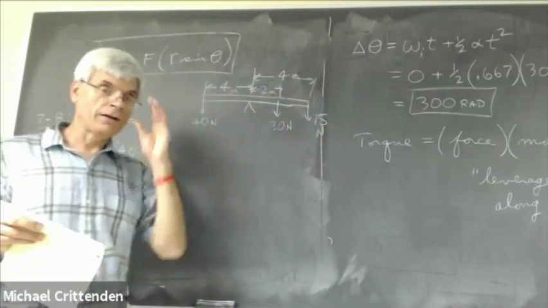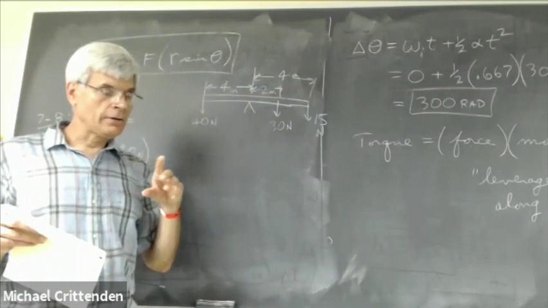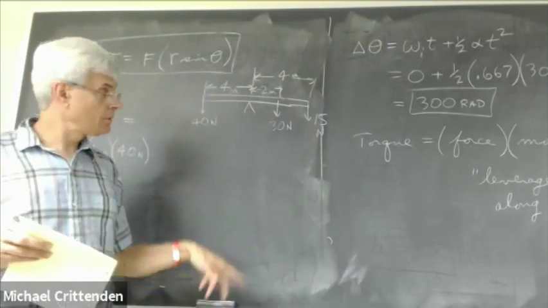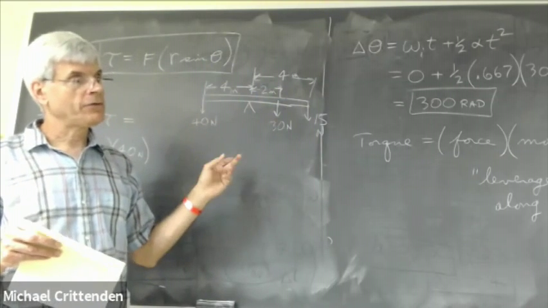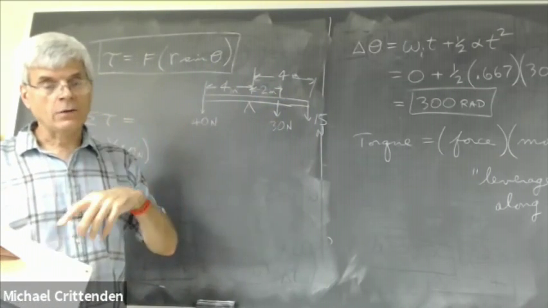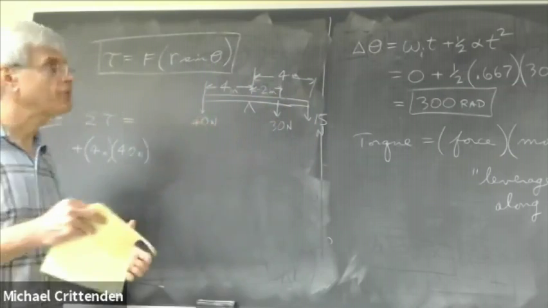Notice that plus and minus is no longer a matter of up versus down. All 3 of them point down, okay? Rather, plus and minus is now clockwise versus counterclockwise.